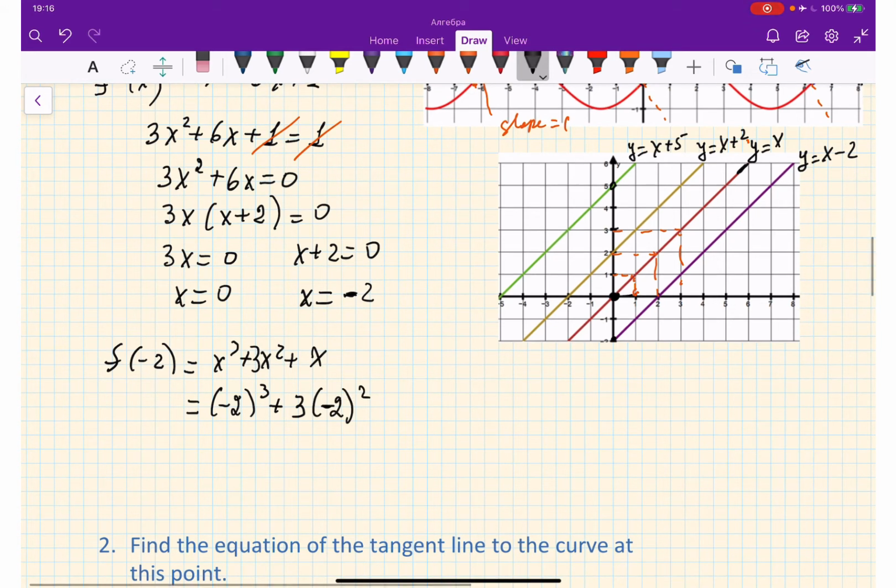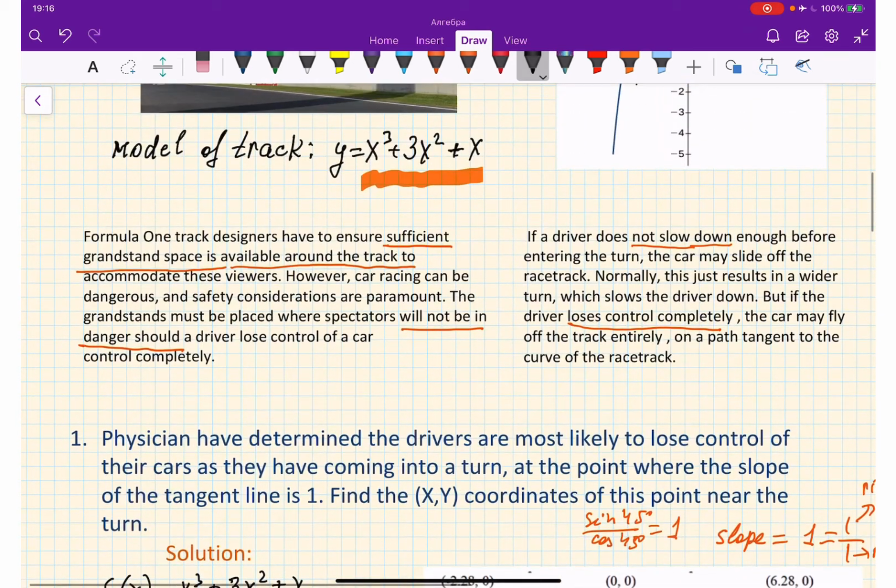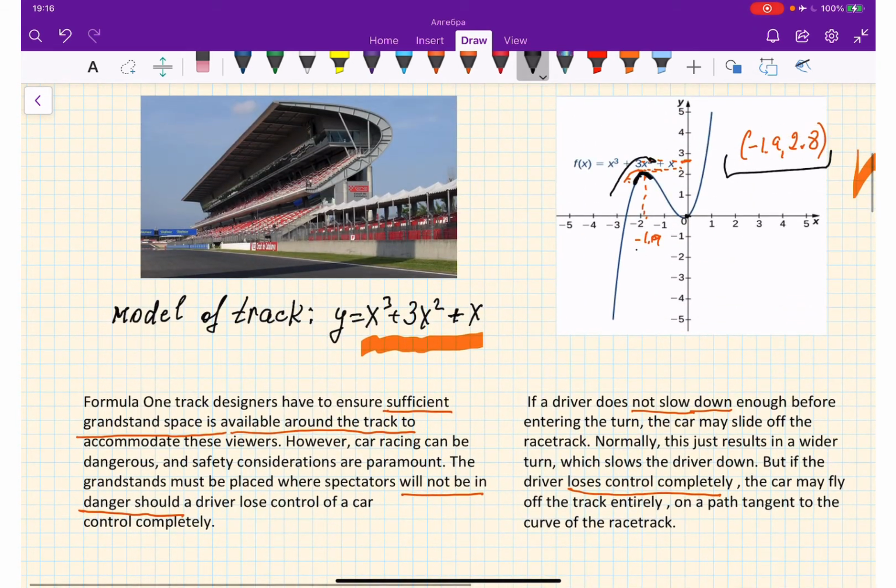Why don't I plug this negative 2 into the derivative? Because I need the function. I'm going to go by the path of the driving function, right? Okay.